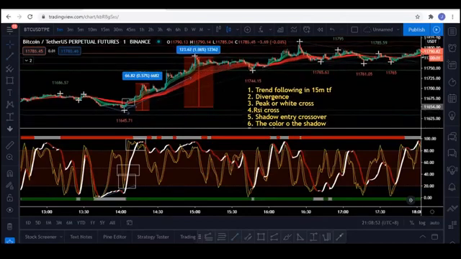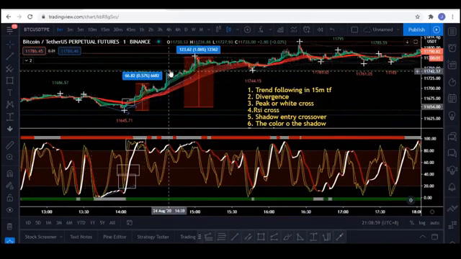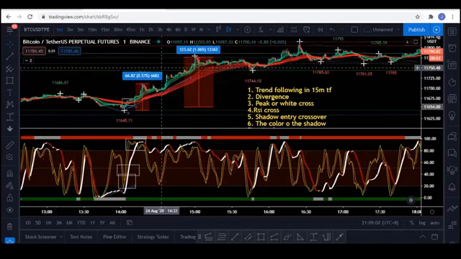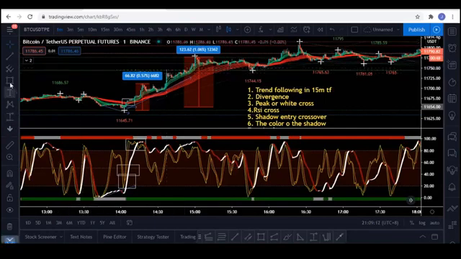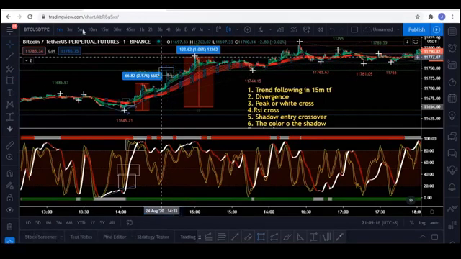As you can see here, this is our auto support and resistance, and the candle already hit. You can also exit here in our resistance area. This can be our entry or exit point. This one here can also be an exit point.